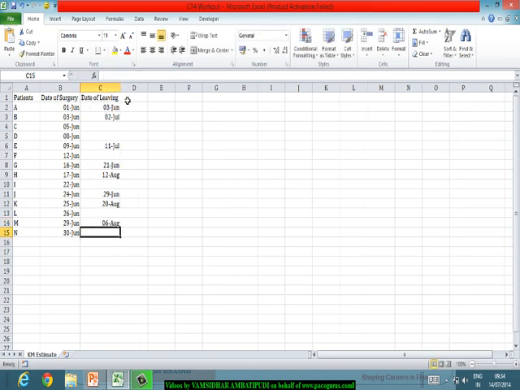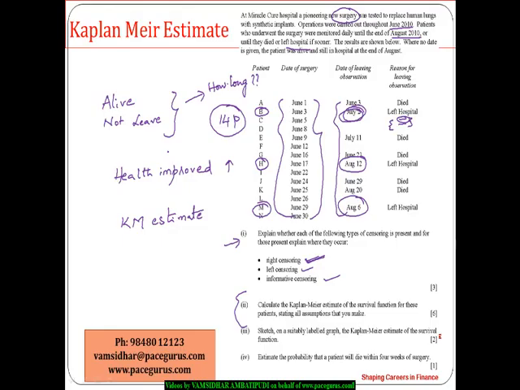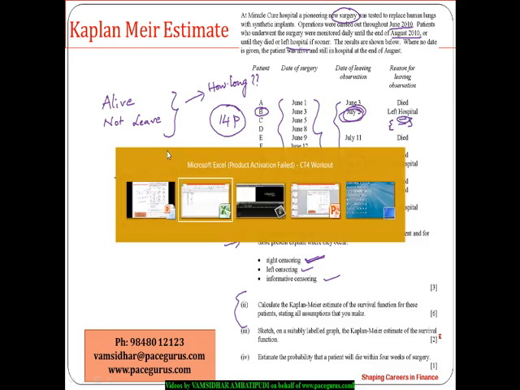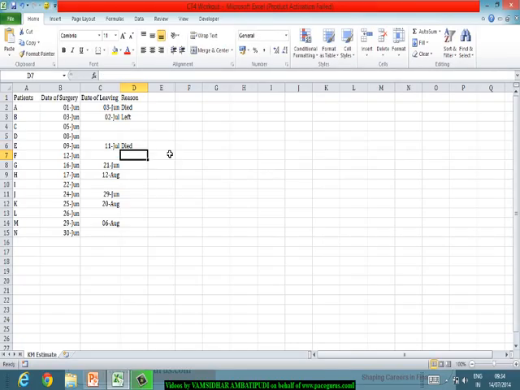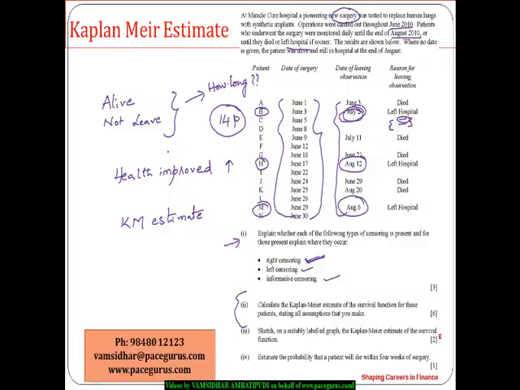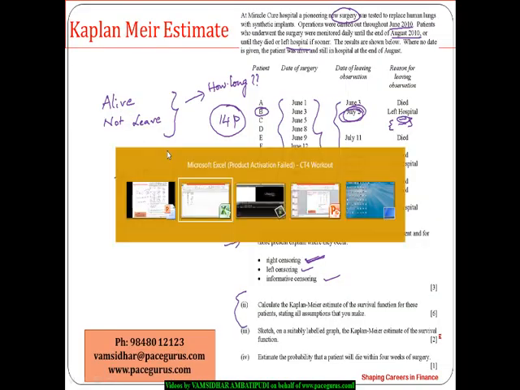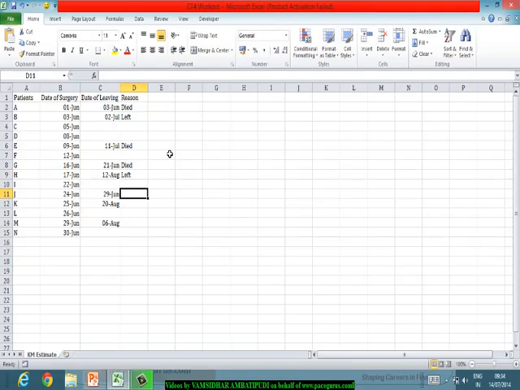Then the reason for leaving. Whosoever have left, died and left. So the first one has died, the second one has just left the hospital, and about E and G, both of them have died, whereas H has left, and the next two have died, whereas the last one has left.